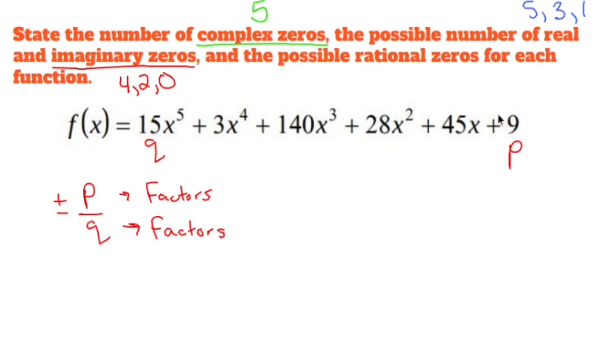So what are my factors of P? 9, 3, and 1. What are all my factors of Q? 15, 5, 3, and 1. Now what I'm going to do is list out all 12 possible numbers in the form P over Q. Technically, it's 24 if I throw the plus or minus in there. So let's go in order.